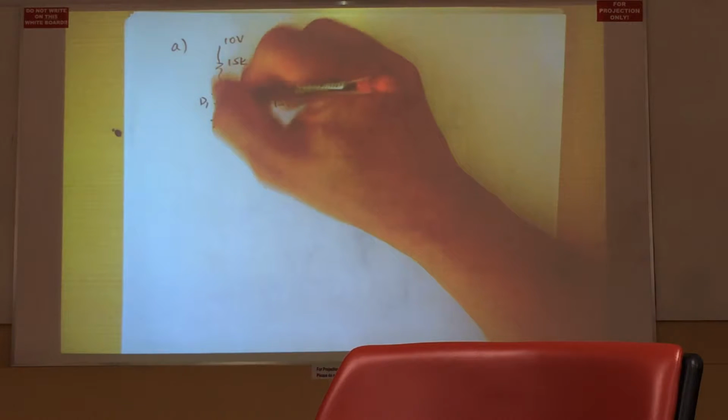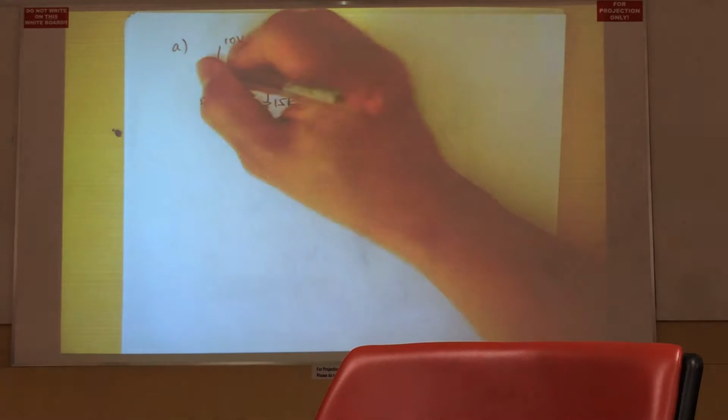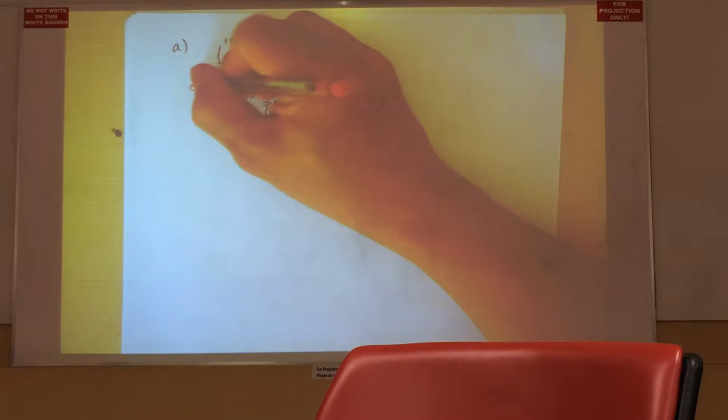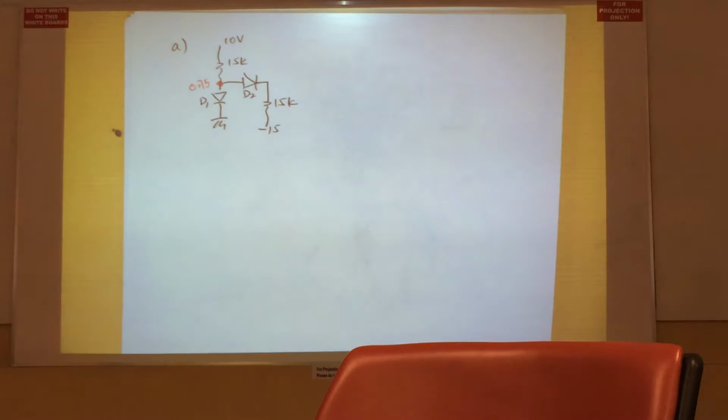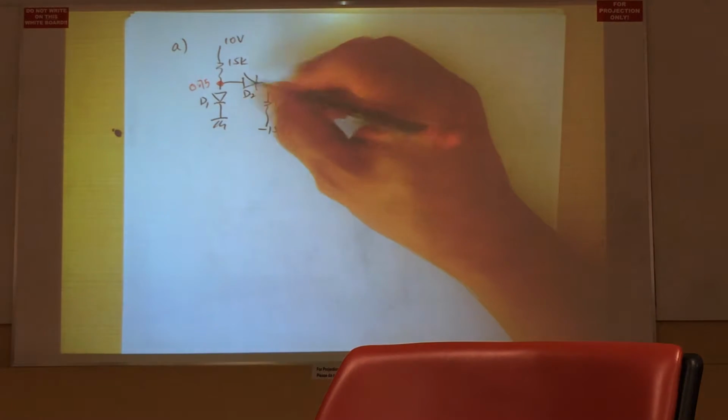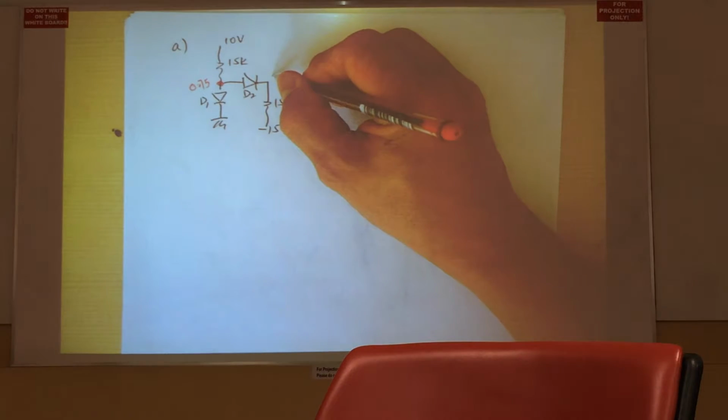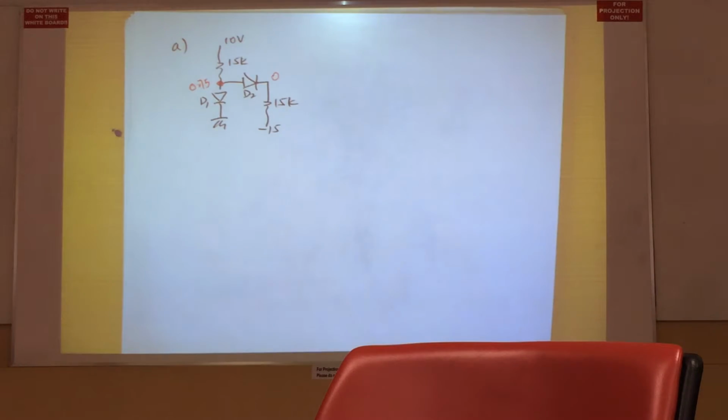And for this diode to turn on, the voltage at this node will be plus 0.75 volts. Okay? And for D2 to be conducting, it will drop 0.75, and therefore the voltage here is 0. Go up by 0.75, go down by 0.75, you're back down to 0 volt.